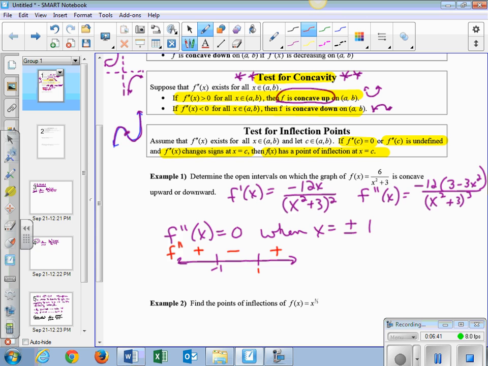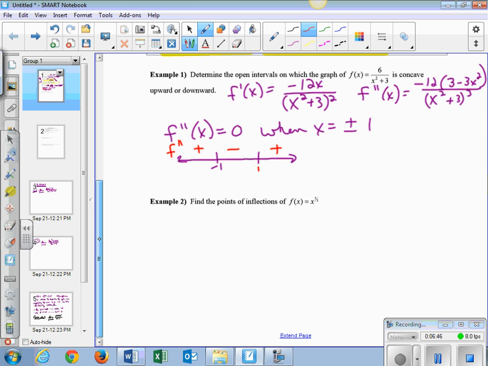Okay, so all we're doing is finding out when something is concave up or concave down. So we've got positive and negatives for my second derivative. So here we go.